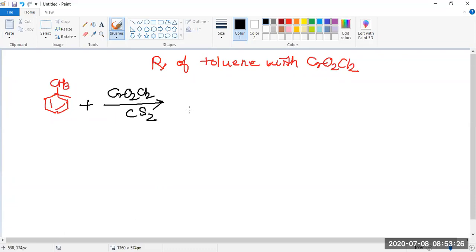An intermediate is formed, and that intermediate is a brown colored chromium complex. It is written in this manner: CH(OCrCl2OH)2.